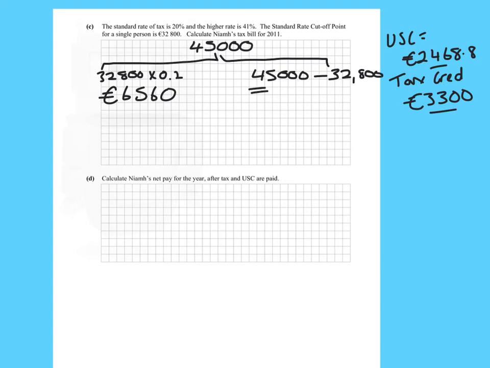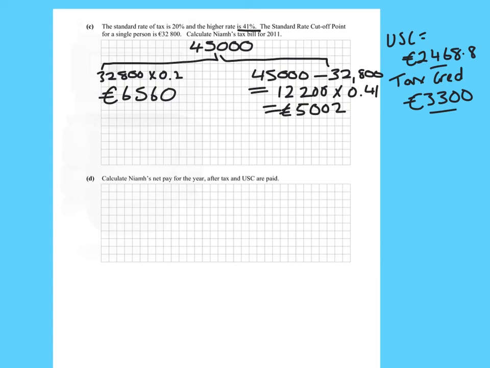So 45,000 minus 32,800 gives me 12,200, and I'm going to tax that at 0.41. When I do that, I get 5,002.